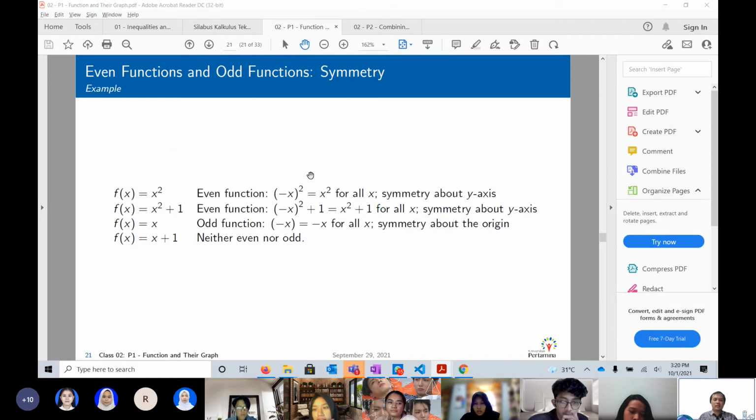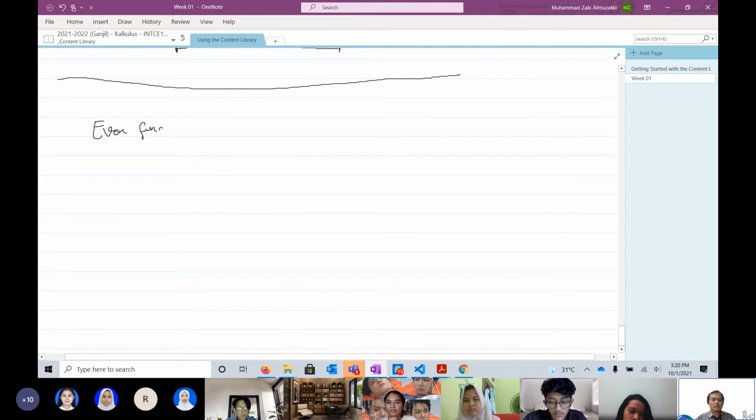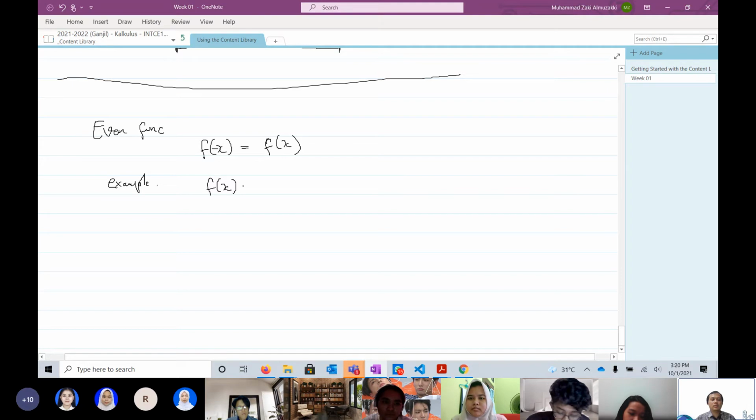So basically, let's try to write here. For an even function, we have f of x, and f of minus x should be equal to f of x. For example, we have f of x equals x squared, or let's take x to the power 4.